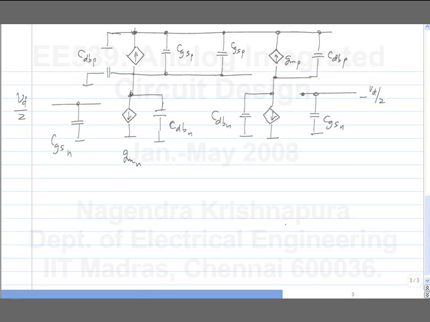Okay. So this entire thing is one transistor, this is the other transistor, this is the third one, and this is the fourth one. Yeah, the output is terminated in a short circuit. And the current I am interested in is this.